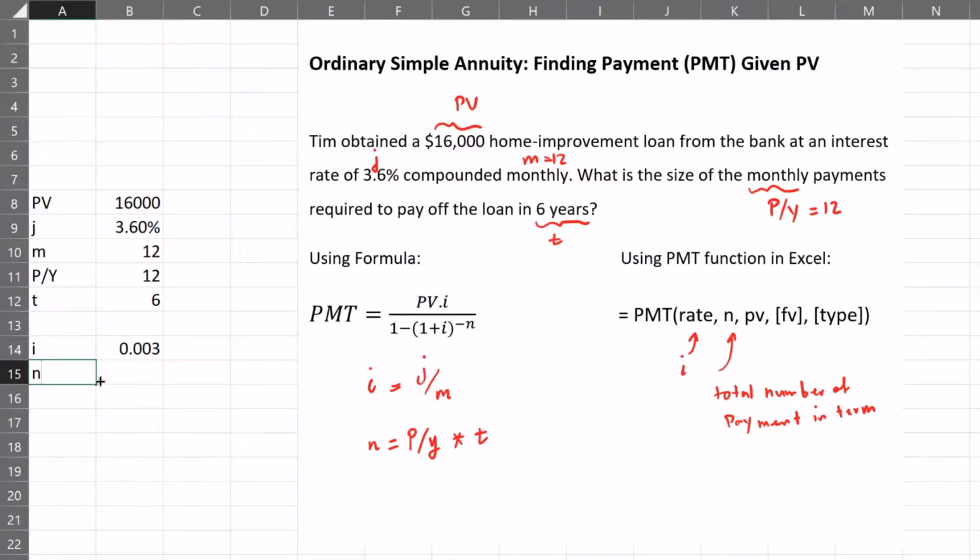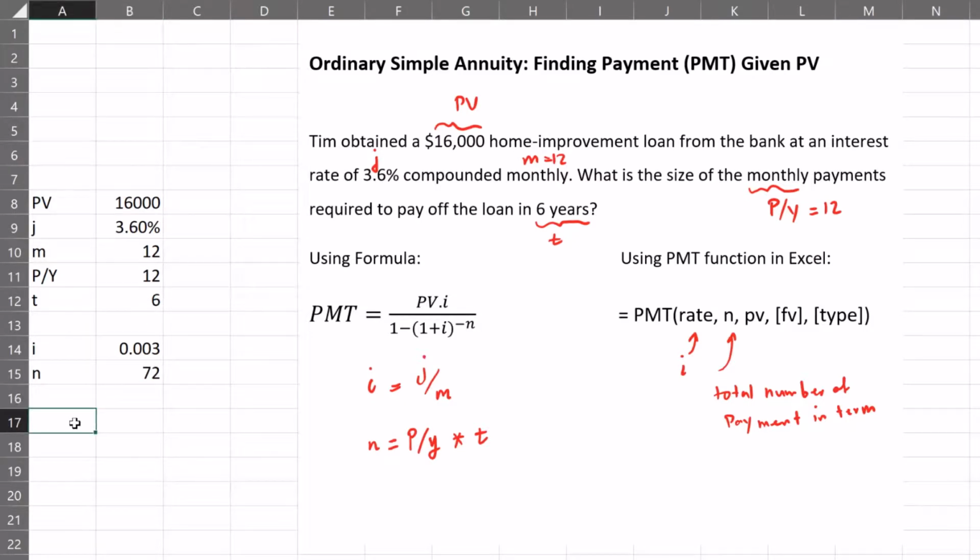The number of payments in the term is equal to PY multiplied by T, which is in B12, and press enter. 72 payments in 6 years.